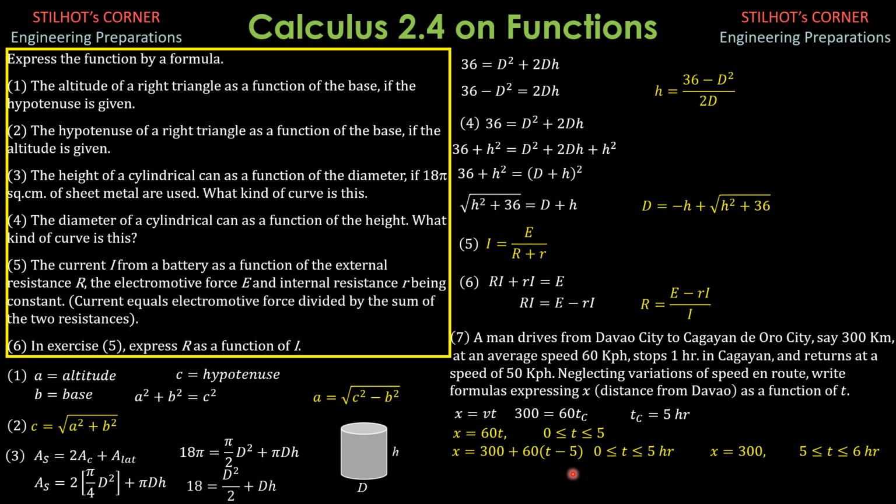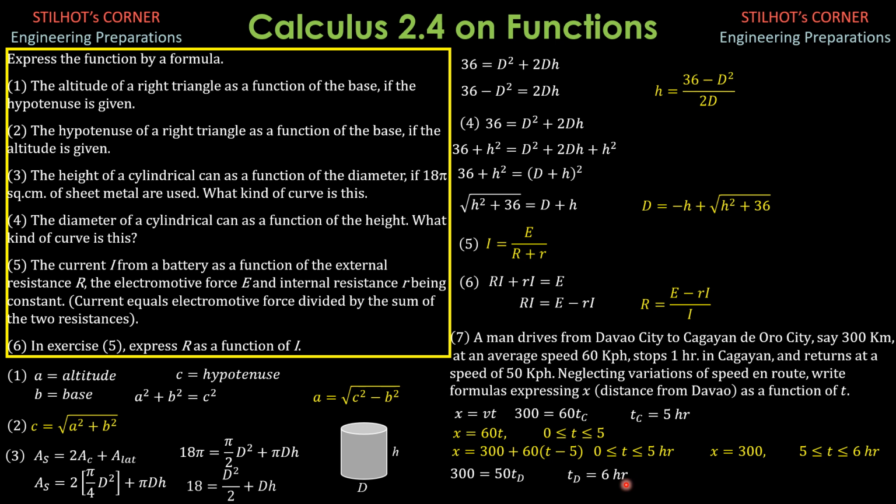But how about beyond 6 hours, 6 to 12 hours? Why 12? Because the travel time from Cagayan to Davao is 6 hours. So 300 equals 50 times time to reach Davao. So the time to reach Davao, beginning from Cagayan de Oro, is 6 hours.